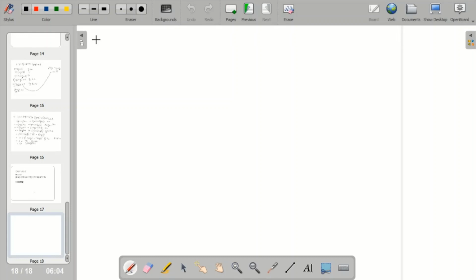The question is P or Q, bracket close, open, P or Q, and negation of P and negation of Q or negation of R.